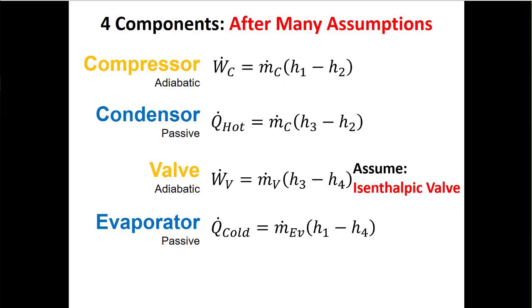Now here's the thing. This is why the valve is different than a turbine, and potentially why it's easier than a turbine. The first thing I think that we want to remember here is that when we did Rankine cycles, the back work ratio was really small. And at the time I was saying things like, it doesn't take us much work or power to increase the pressure of a liquid.